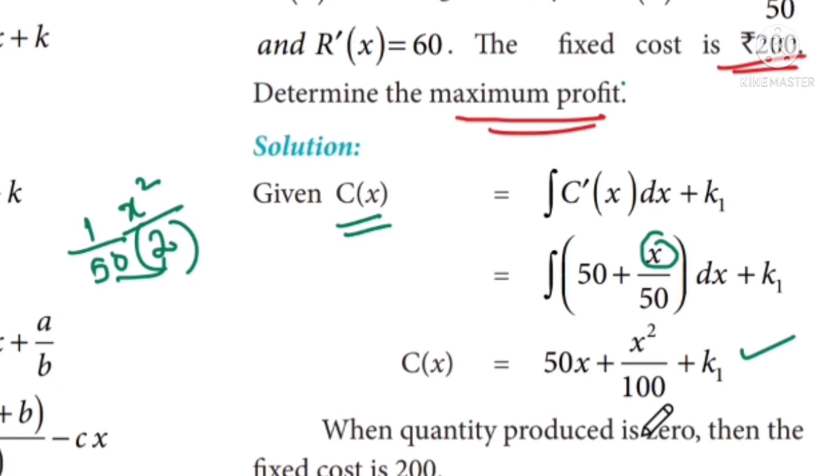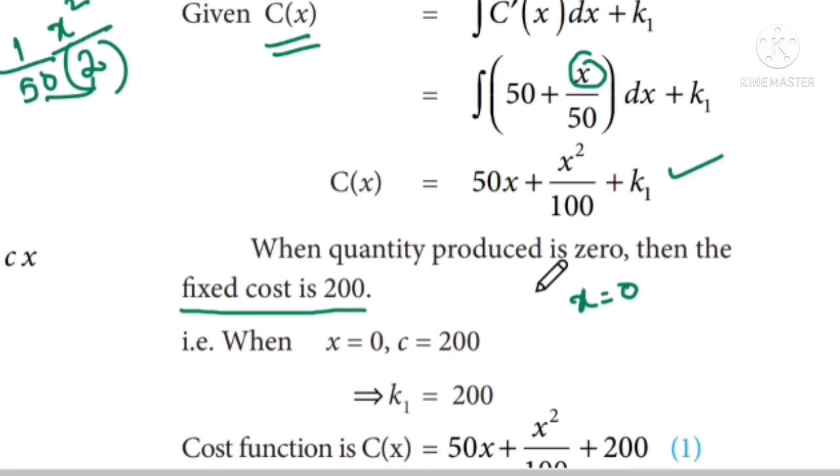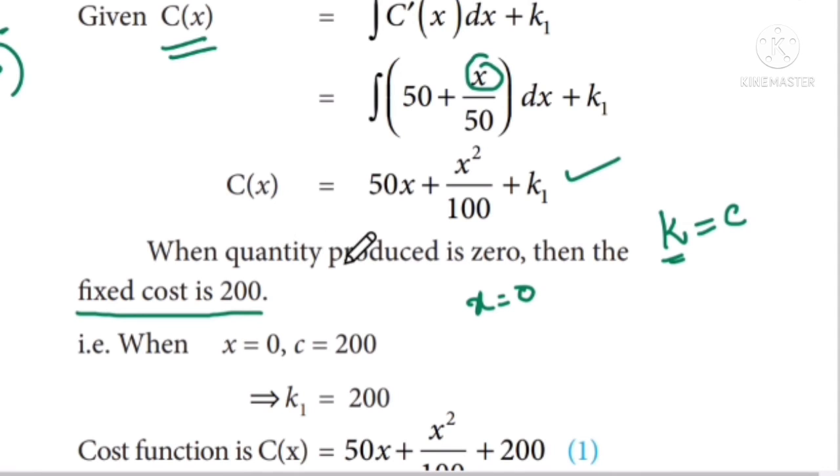Now the fixed cost is given as 200. I told you about the fixed cost so many times. The fixed cost is what we get when you put x is 0. When x is 0, the cost is called the fixed cost.